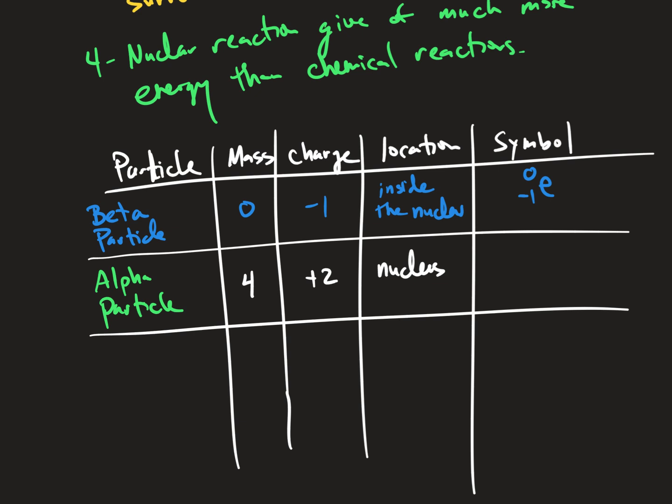And its symbol is 4,2He. Yeah, it's the helium nucleus. What's the charge of a helium nucleus? Positive 2. Hence, that number right there is a positive 2. This number right here is a negative 1.